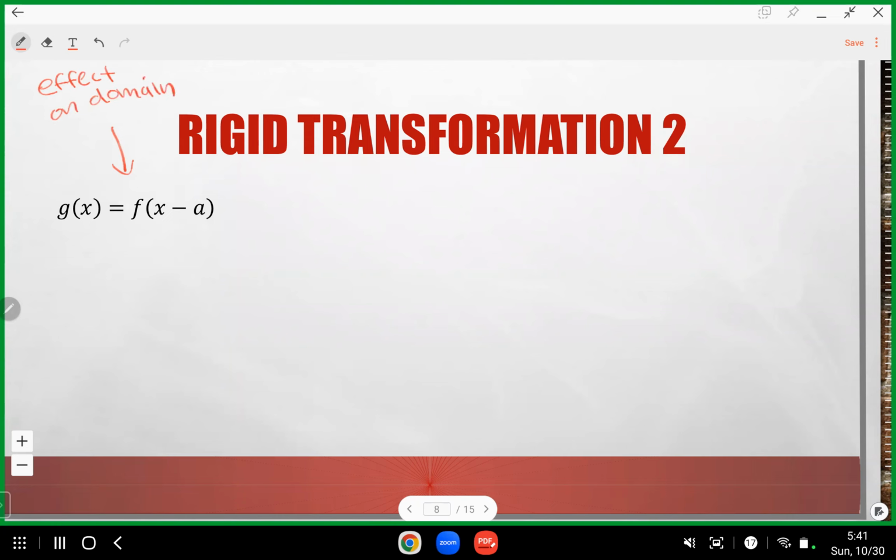All right, that means it's going to be shifted horizontally, right? It's going to be shifted horizontally. Okay, so let's see here. All right, so let's make our chart.